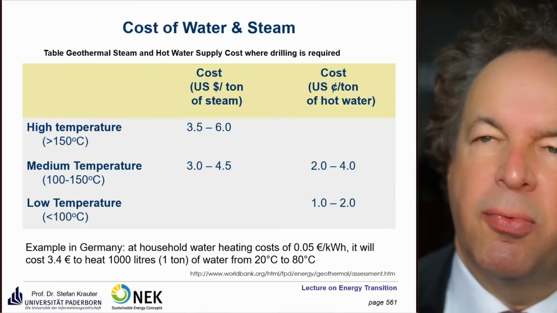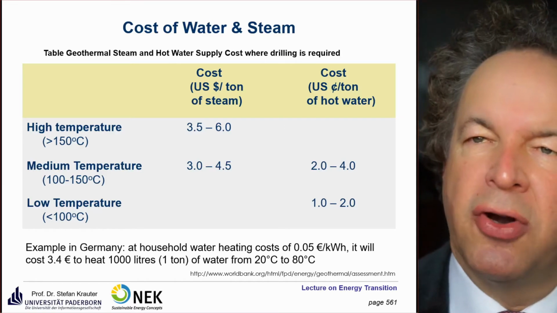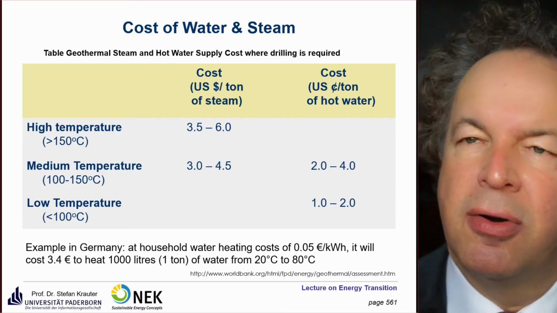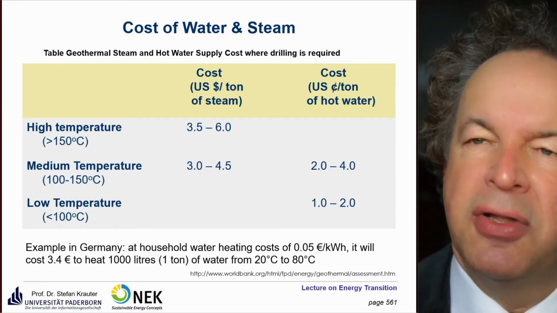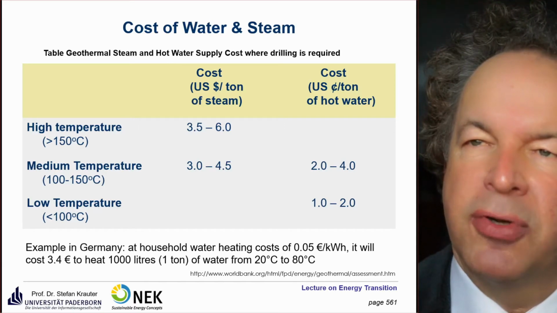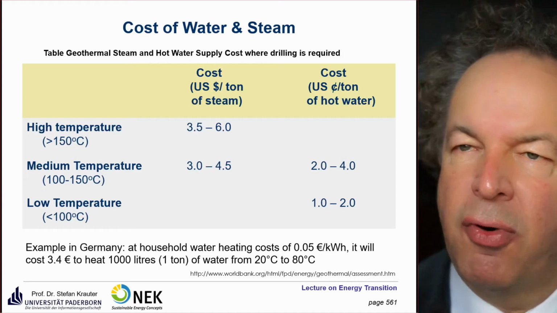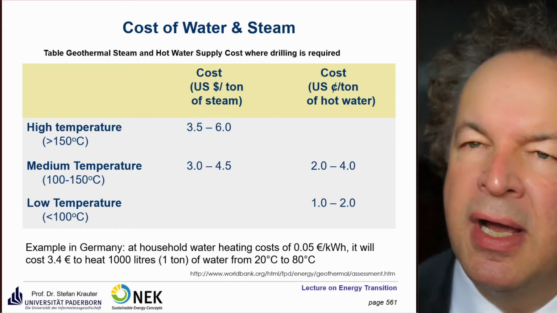The costs of water and steam. For high temperature, costs are usually in the vicinity of 3.5 to 6 US dollars per ton of steam. For medium temperature, it's about 3 to 4.5 US dollars per ton. If you go to lower temperatures, it's not steam anymore, it's hot water. For medium temperature, this is 2 to 4 dollars per ton of hot water.